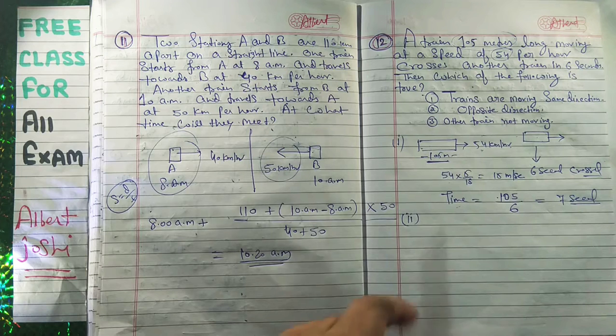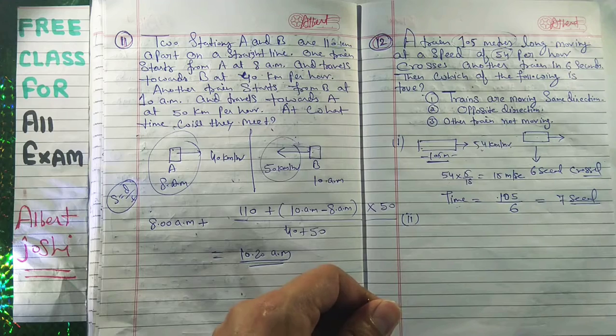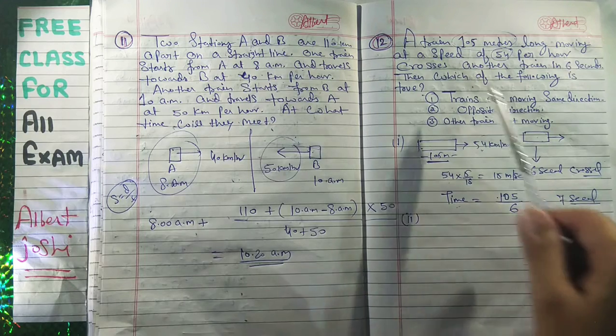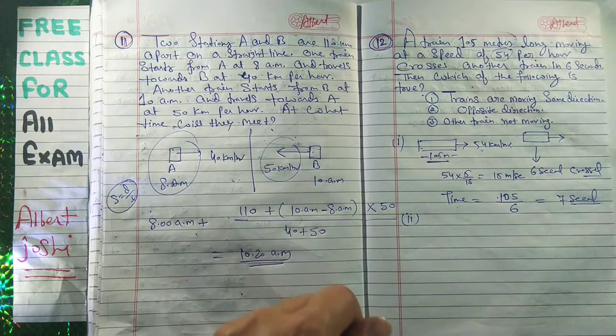So when they are in opposite directions, the time taken to cross the train is 6 seconds, which is less than 7 seconds.